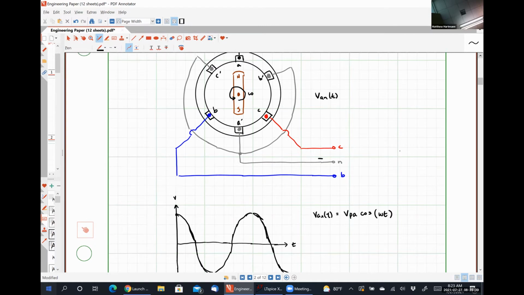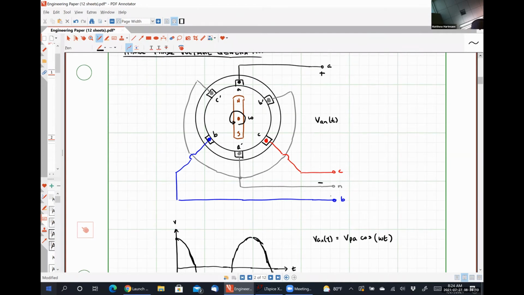As the magnet spins counterclockwise along that axis of rotation, after exactly 120 degrees of rotation, the flux through the B phase of the stator will be at its maximum value. And so voltage will be induced between the B phase and the neutral, VBN of t.